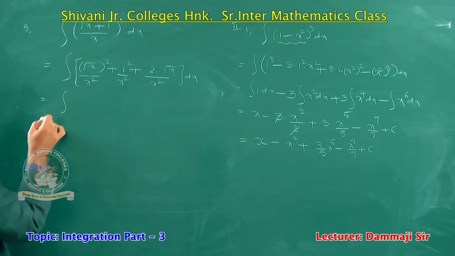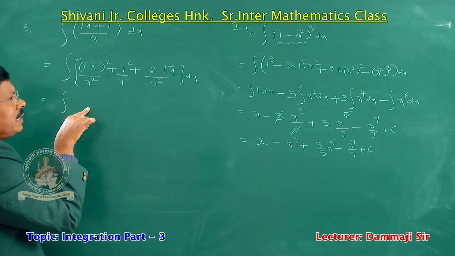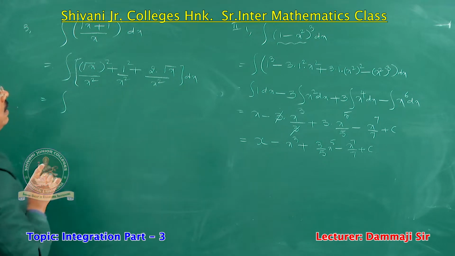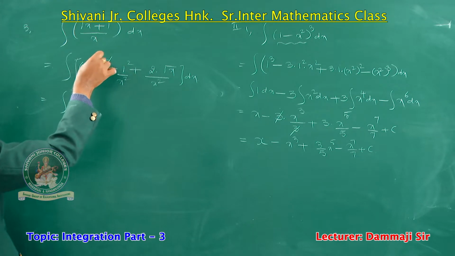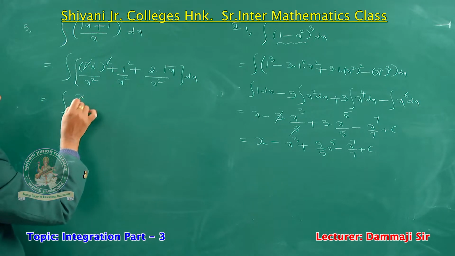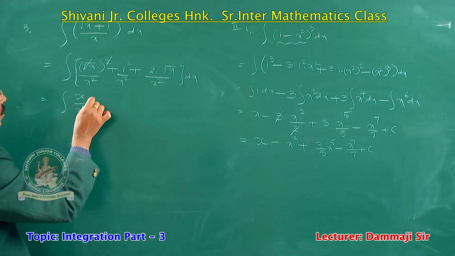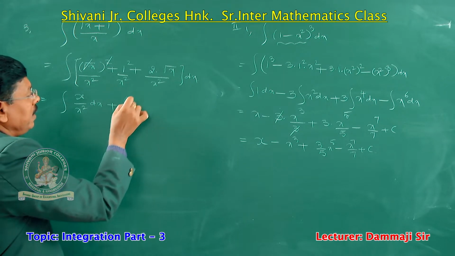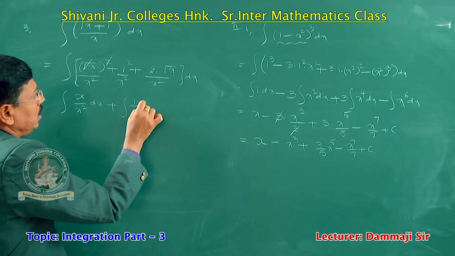What about next? If any cancellation, go to simplification in each and every term. What about the result of square and root getting cancelled? We have x by x square. Second term is integral of 1 by x square.